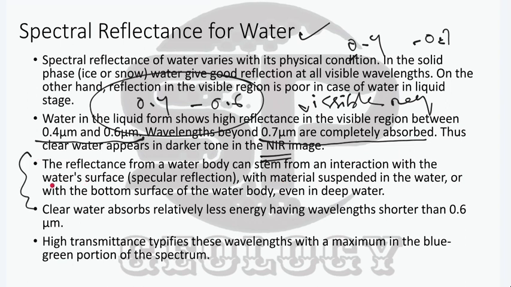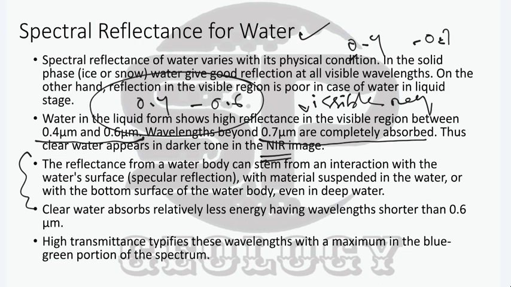Water reflectance is also related to the presence of suspended matter. Will reflectance increase with suspended matter or decrease? Why increase? Why decrease? Yes, exactly. The property of water is that it absorbs almost all electromagnetic energy.